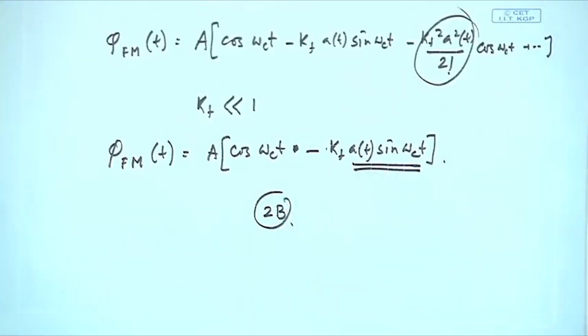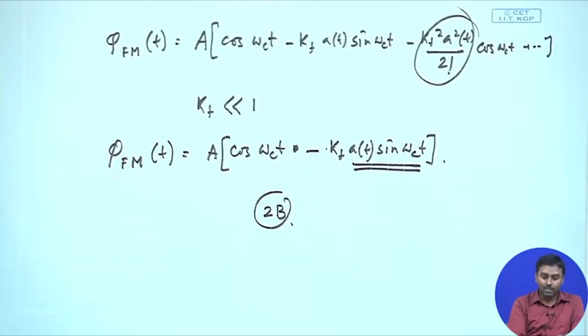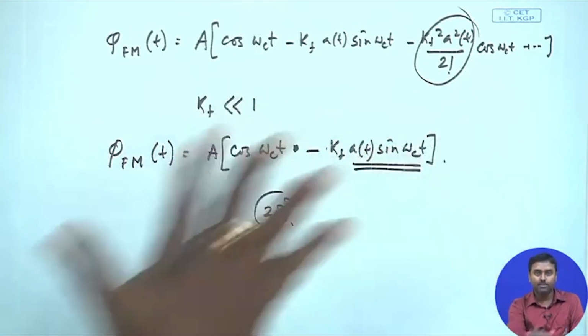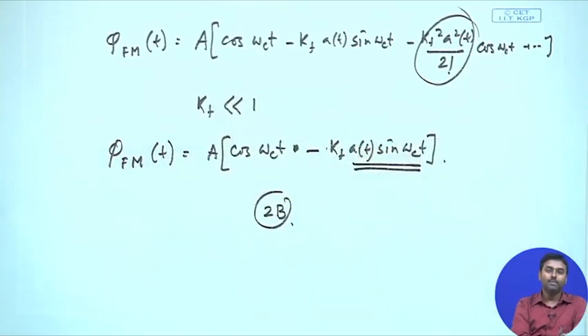This has the modulation term, so it must have a bandwidth of 2B if B is the bandwidth of that. Immediately I can see that if I make narrowband FM, that means del f tending towards 0 or a very low value of kf, then this function tells me the bandwidth of that FM must be 2B.